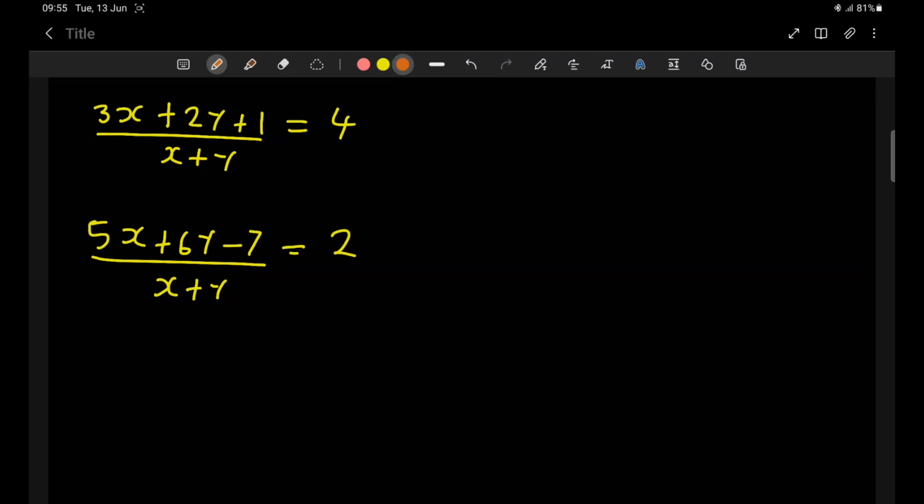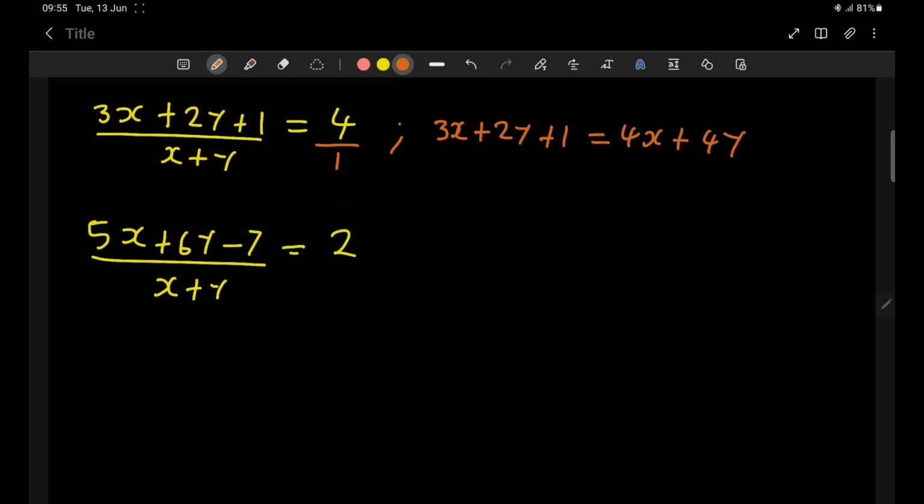So we can put a common denominator over here. To solve this one, we can just put over 1, then we cross multiply. Cross multiplying will give us 3x plus 2y plus 1 is equal to 4 multiplied by x, so 4x, and then 4 with y, we'll have 4y.